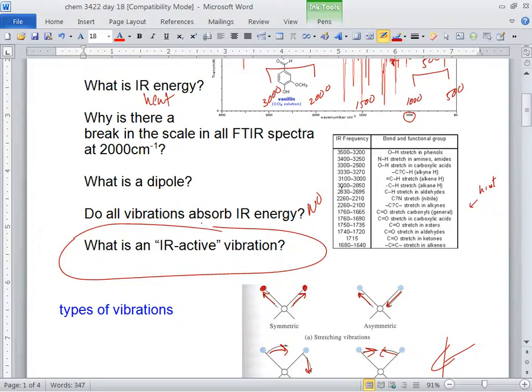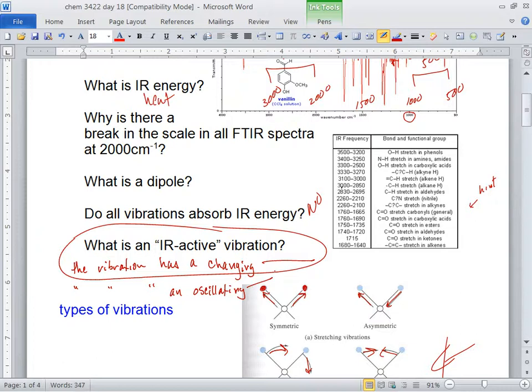You have to have a changing, the vibration has a changing blank. Or the vibration has an oscillating blank. So during this vibration, the vibration has a changing blank, or during this vibration, it has an oscillating blank.